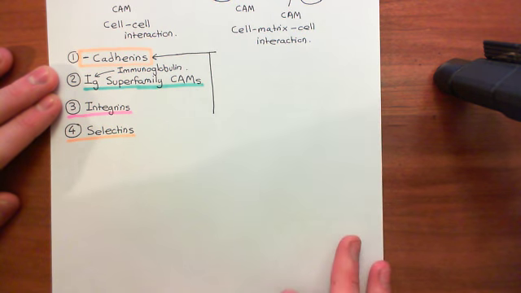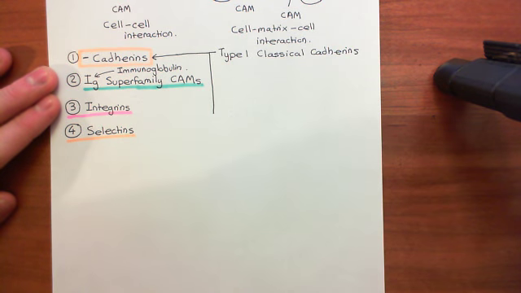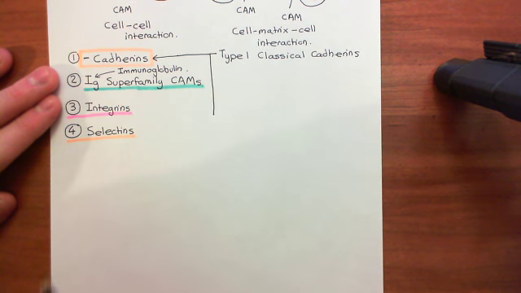The most famous cadherins are type 1 classical cadherins. For instance, E-cadherin is probably the most famous cadherin of them all because of its role in cancer. The other famous ones, for instance, N-cadherin and P-cadherin, are also type 1 classical cadherins.